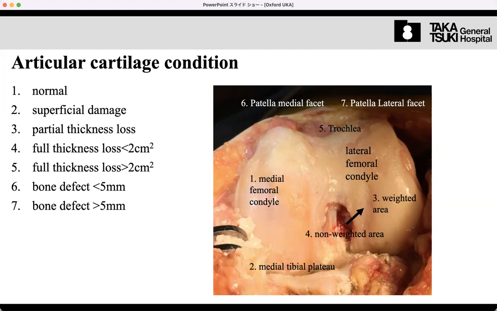So bone wear is called indentation. So this area of cartilage loss is here, so we can find it easily. But it is quite difficult to find on the lateral side because on the lateral side, the bone wear always occurs in flexion angle. So, for example, 40, 60, or sometimes 90 degrees.